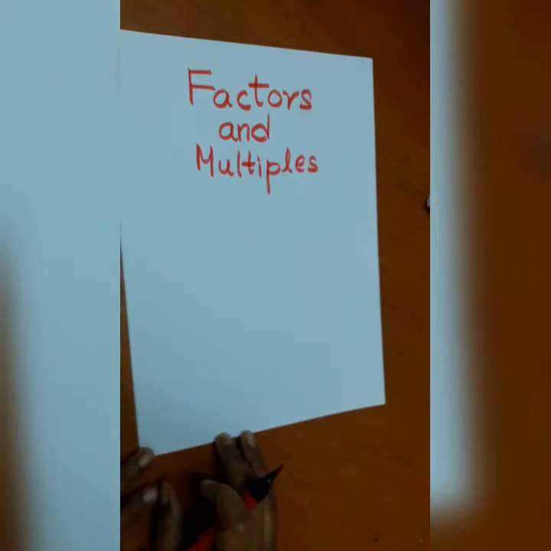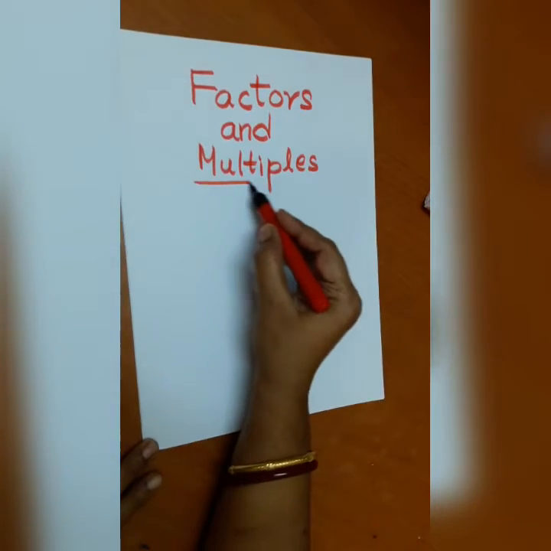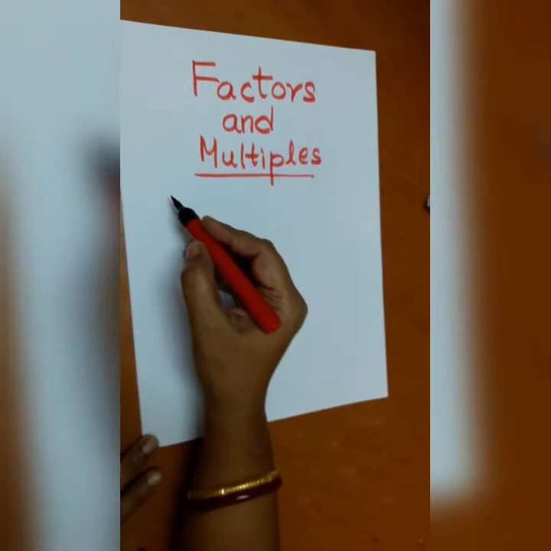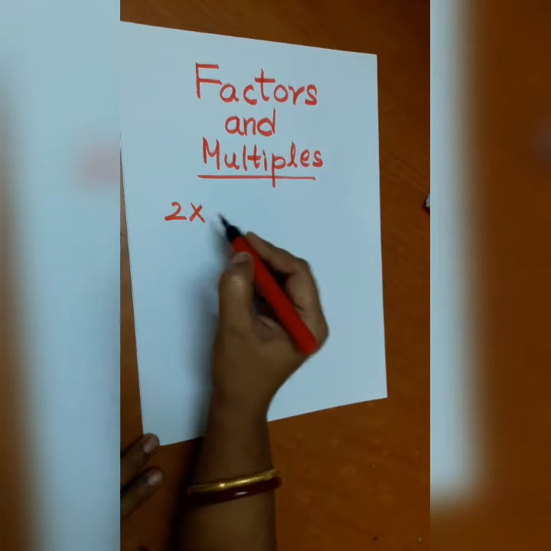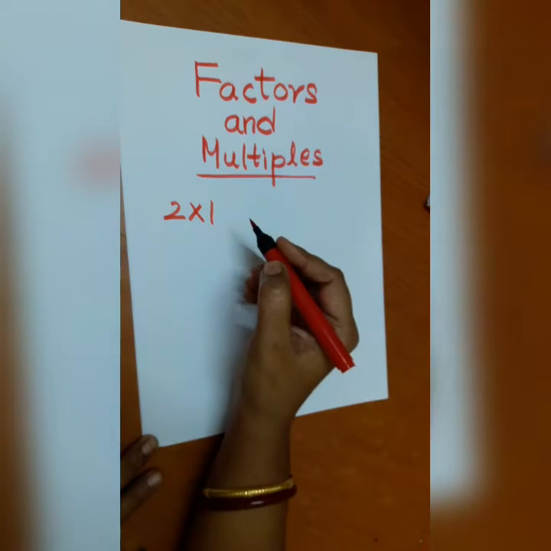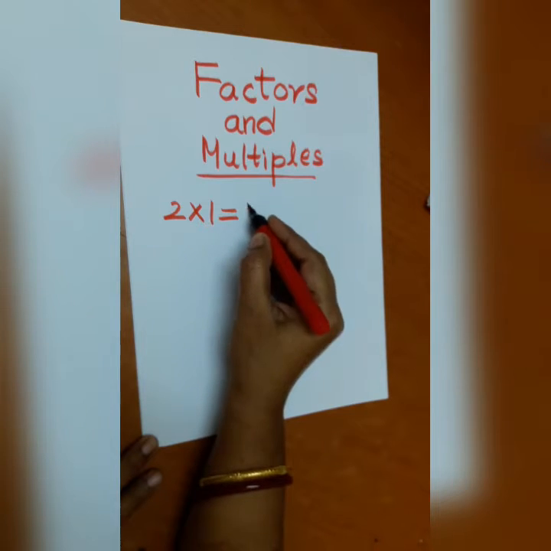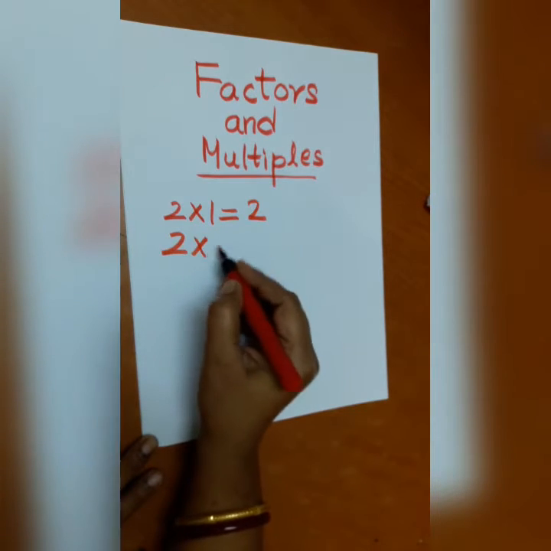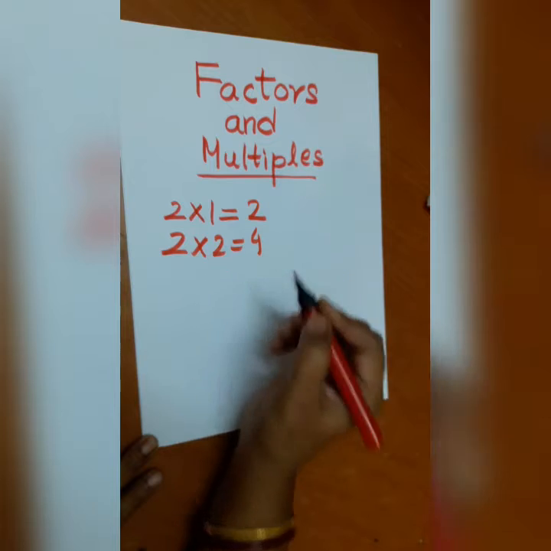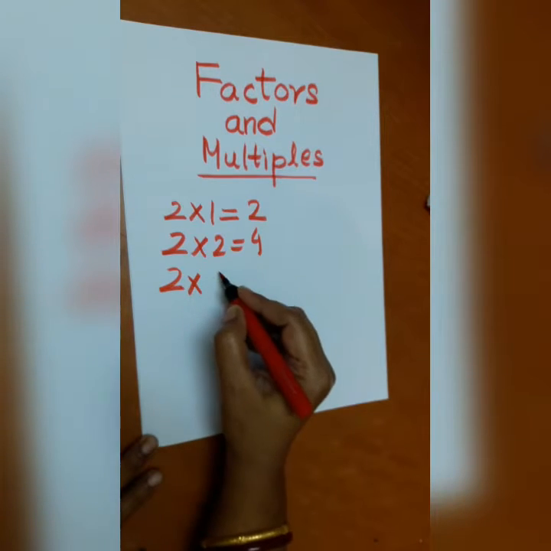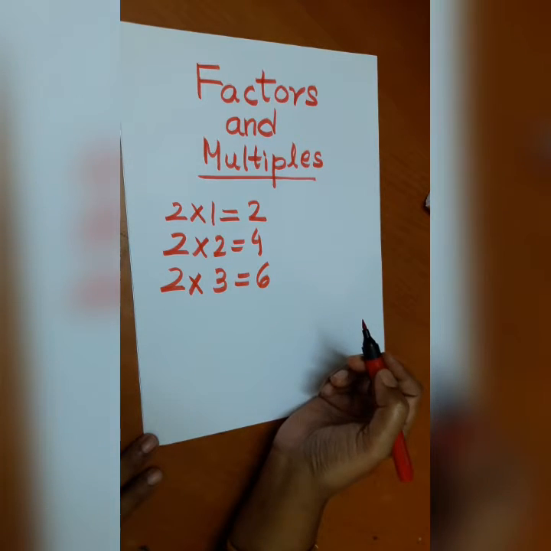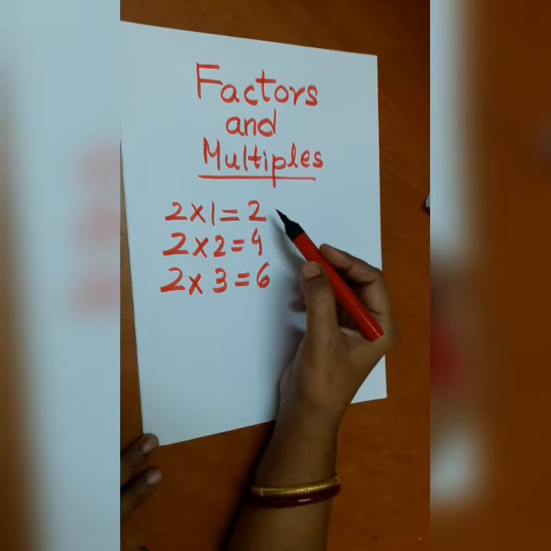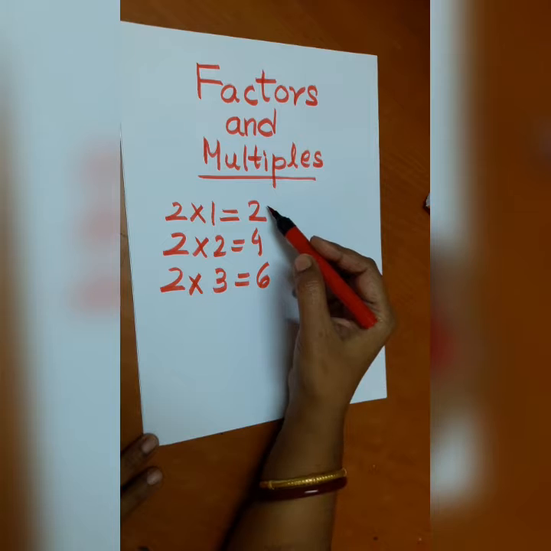Okay, now multiples. I will start with multiples. We all have learnt tables from I think class nursery or class 1. 2 ones are 2, 2 twos are 4. This is the table of 2. 2 threes are 6. What we are actually doing is we are finding out multiples of 2.